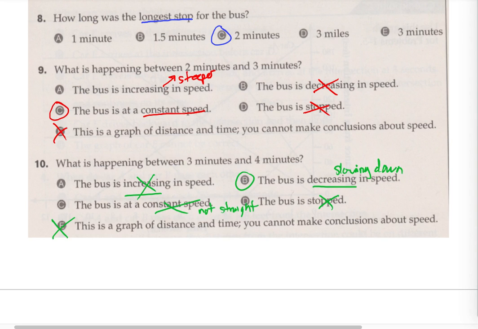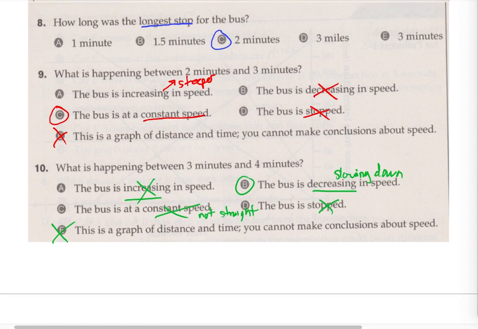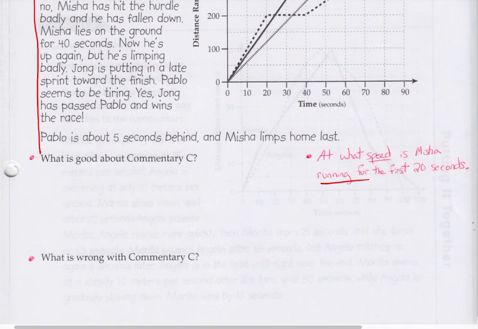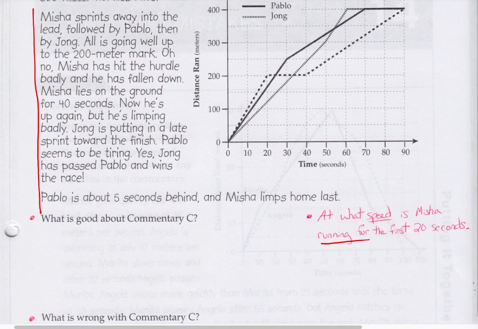Okay, so I hope you found this useful. I am going to go back to this last example and give you the answer here. You'll have to decide with your partner whether you think it was good. So one more answer here. What speed is Misha running for the first 20 seconds? So that's between 0 and 20 seconds. Misha is the dashed line right here.